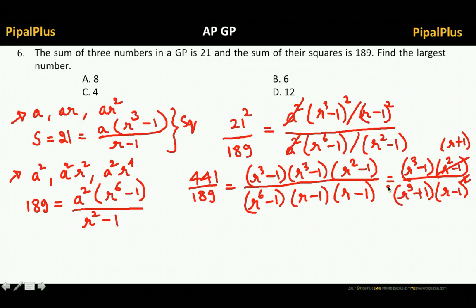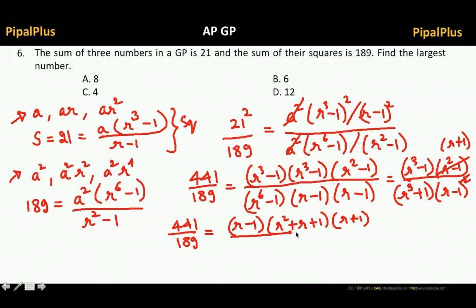So what we get is 441 by 189 equals, now I'm going to expand r cubed minus 1 as a cubed minus b cubed. I get (r minus 1) into (r squared plus r plus 1) into this (r plus 1) divided by r cubed plus 1.